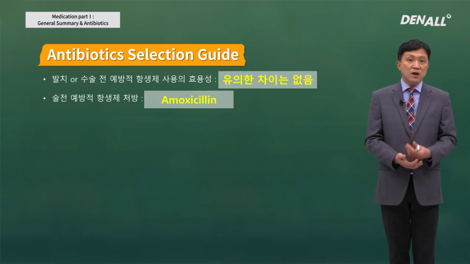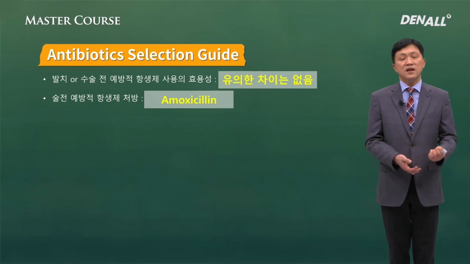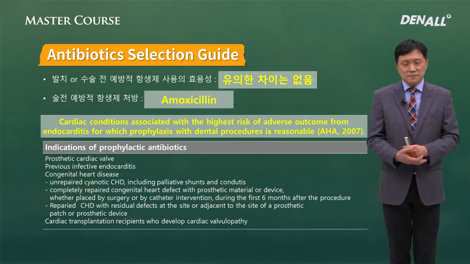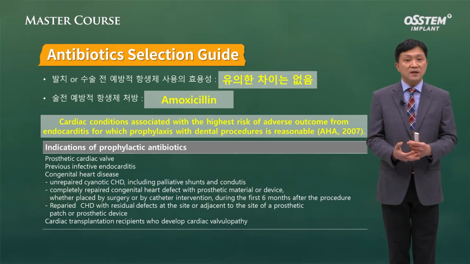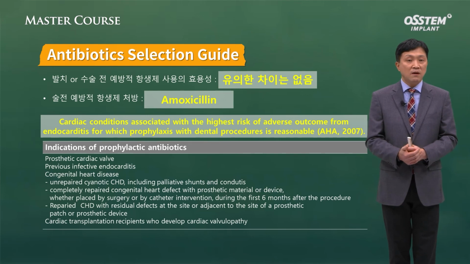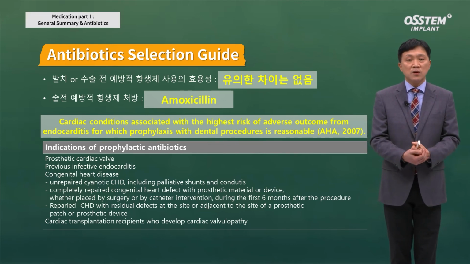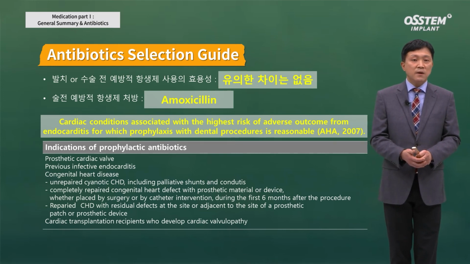For that, whom do we need to prescribe it, and who must have an amoxicillin prescription? This is most important to prevent infective endocarditis. For such patients, prophylactic antibiotics need to be prescribed according to American Heart Association 2007, and it has been continuously revised since then.